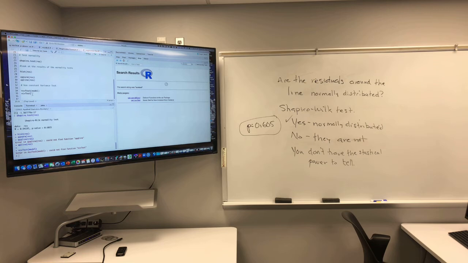So let's pause here and load a couple of packages. We know that we're going to need car. What other packages might be useful to us as we continue through here? We might need ggplot.